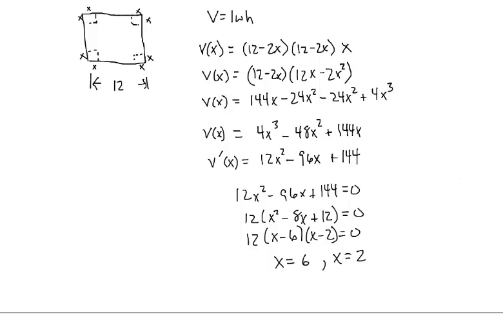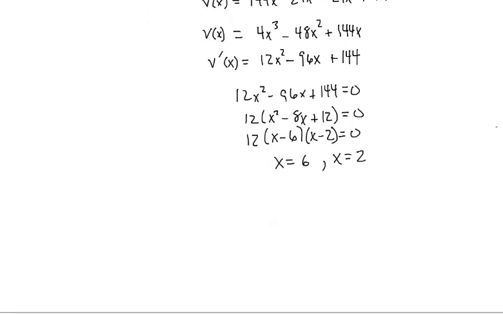So I'm going to take the second derivative to find my concavity. So I have V double prime of x is equal to 24x minus 96. And now I'm going to plug in 6 and 2. So V double prime of 6 and V double prime of 2. And when we put 6 into our second derivative, we get 48. And since it's a positive number, we know we're concave up.